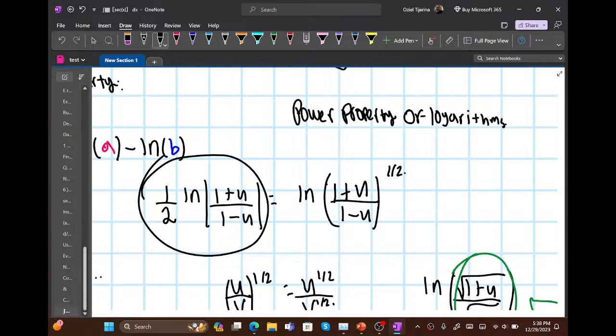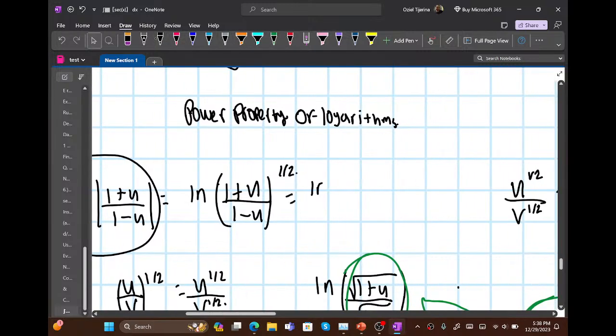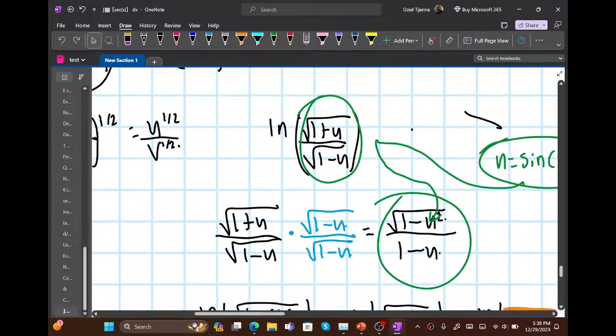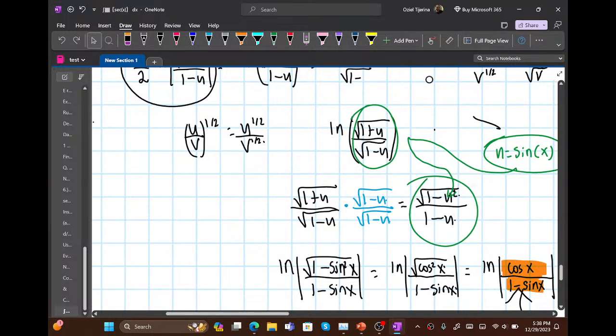That was what led me to say, well, this is natural log of the square root of 1 plus u over the square root of 1 minus u. And that is where I went ahead and did all that stuff with conjugates and stuff like that. Why is it crashing on me right now?